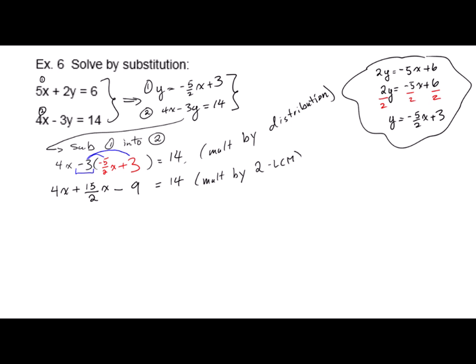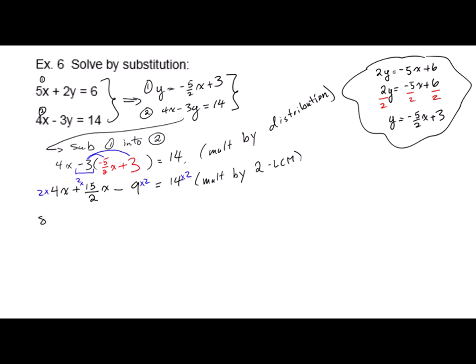So here we go. We take the 4x, we multiply by 2. We take the 15 over 2 and we multiply it by 2. And you take the negative 9 and multiply by 2, and the 14 and multiply by 2.